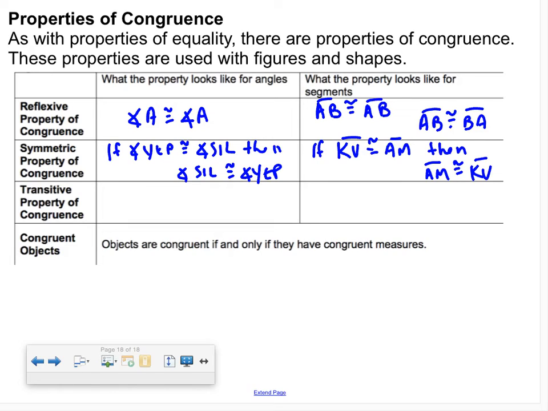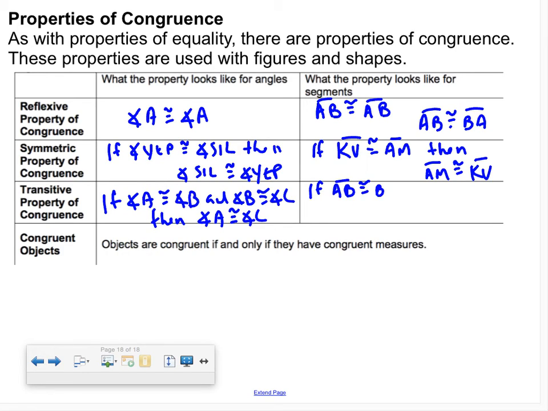And then if angle A is congruent to angle B and angle B is congruent to angle C, then angle A is congruent to angle C. If segment AB is congruent to segment BC and segment CD congruent to EF, sorry, this is D, then AB congruent to EF.